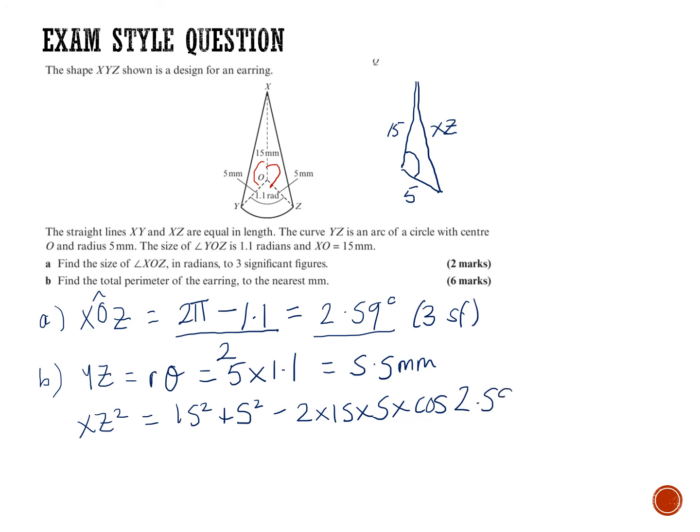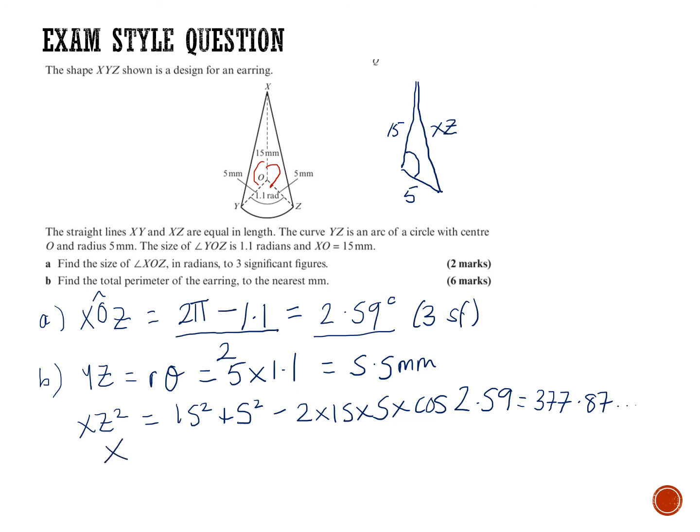I've left that 2.59 in my calculator, so I can put in the exact value. So I'm going to type in 15 squared plus 15 squared minus 2 times 15 times 5, cos of that answer. And that gives me 377.87... I've left all of that in my calculator.